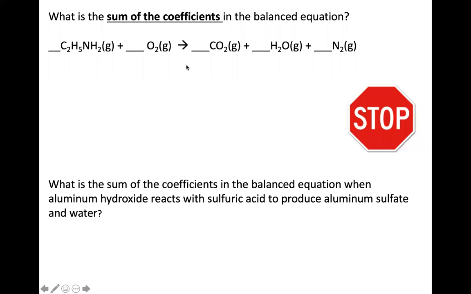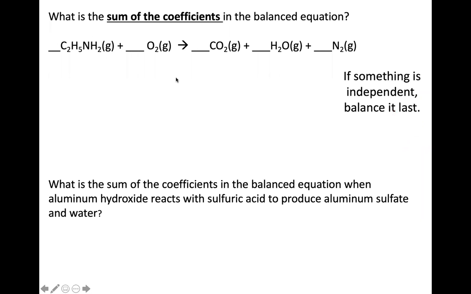So within this first one right here, I think this is a very involved balancing of a chemical reaction. Let me share with you my strategy on this. This isn't the easiest for me to communicate within slides, but let me show you my reasoning and see if you can follow through. If I'm balancing something where there's a lot going on, my strategy is that if I see something that is independent, I'm going to balance it last.